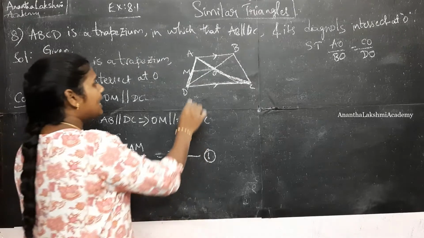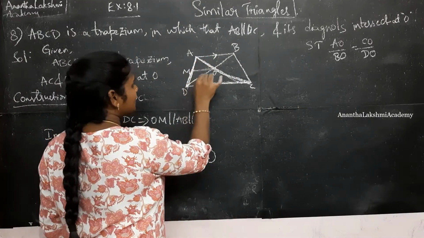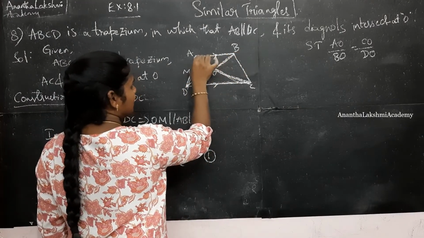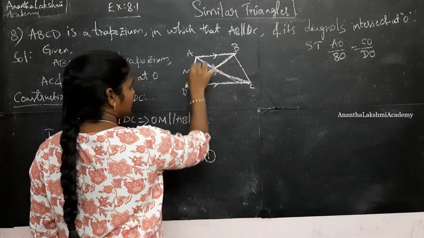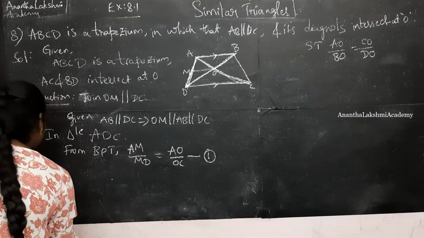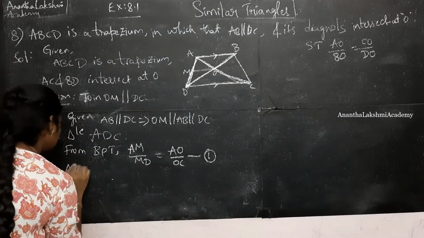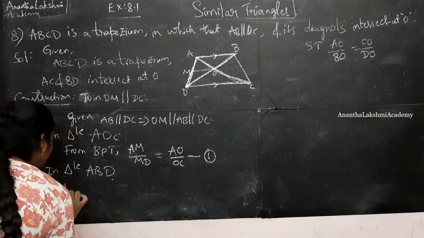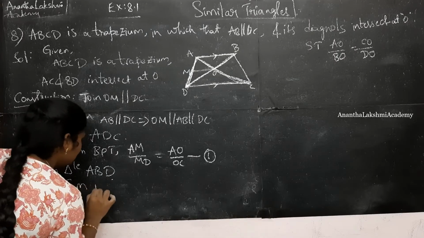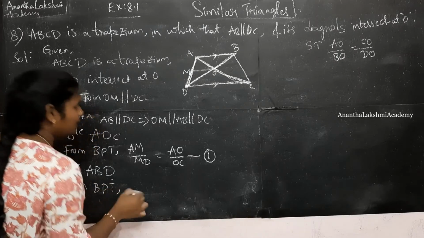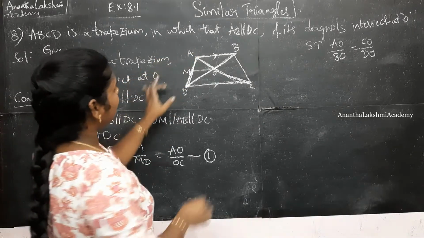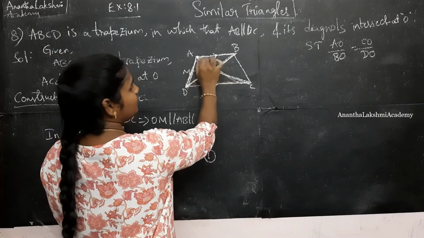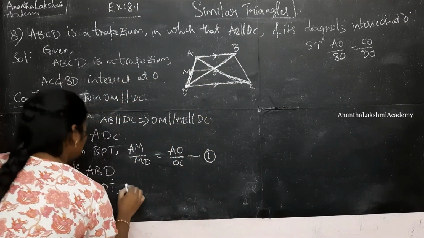All right. Next I am going to consider the triangle ABD. In triangle ABD, from basic proportionality theorem, what can I write here? OM is parallel to AB.